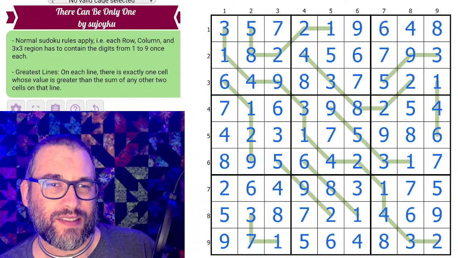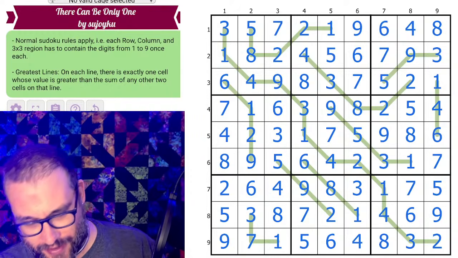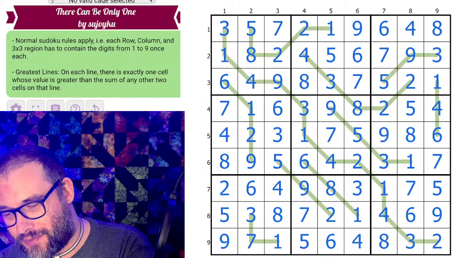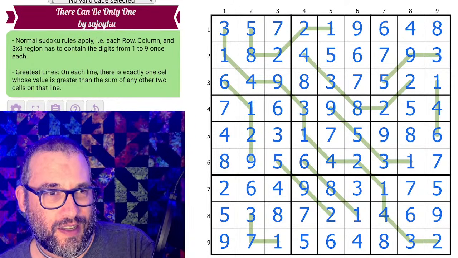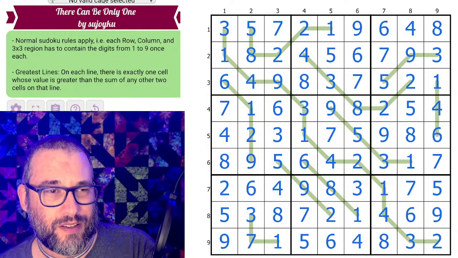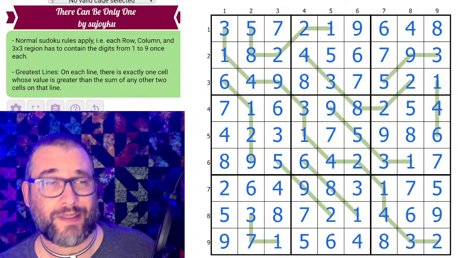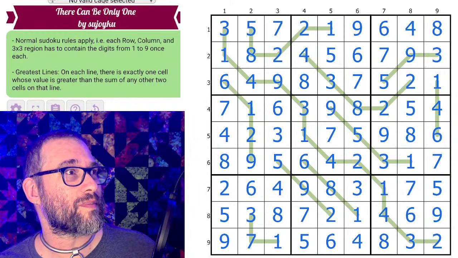Maybe if I ended up doing a bunch of puzzles with it, I would. Nils says they learned a lot about the constraint while setting. I'm sure you did.